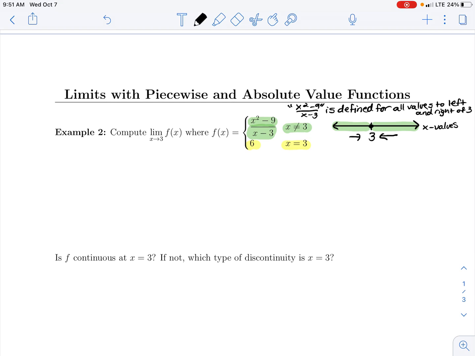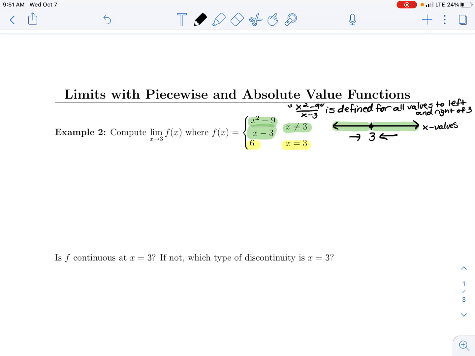So as x approaches 3, I want to find out what my f of x values are approaching. For all the values very close to 3 and approaching 3, we use x squared minus 9 over x minus 3. To evaluate the function, to plug in 3, I use 6.